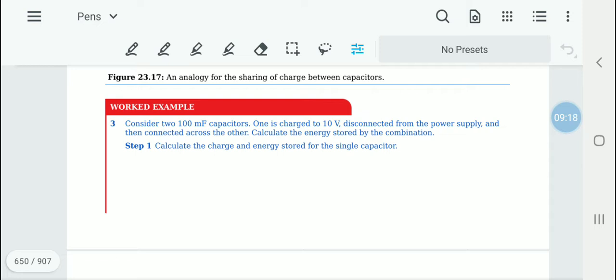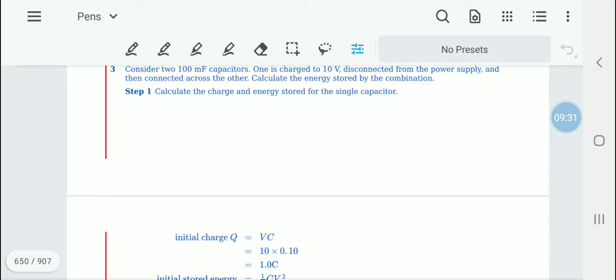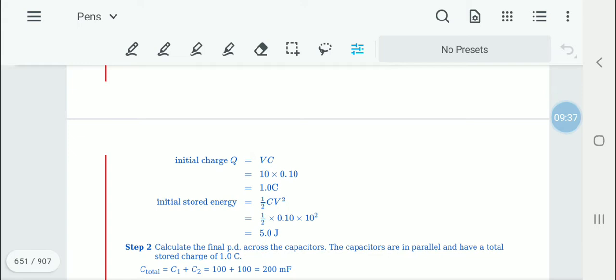Two 100 millifarad capacitors are taken. One is charged to 10 volts, disconnected from the power supply and then connected across the other. Calculate the energy stored by the combination. First of all, we have to calculate the charge using the equation Q equals VC, and then the energy.